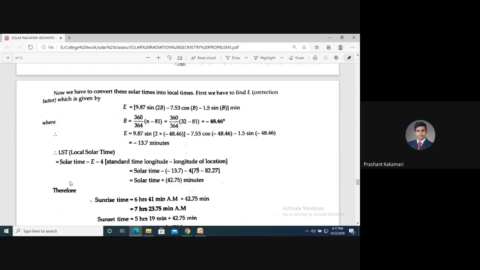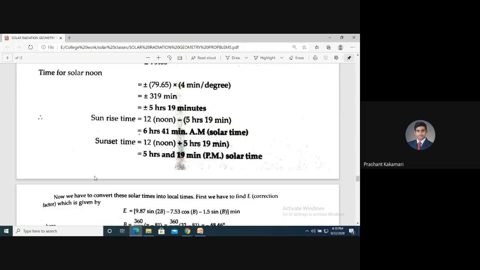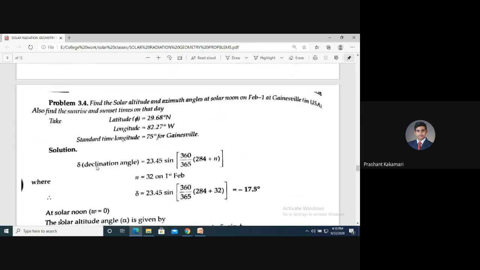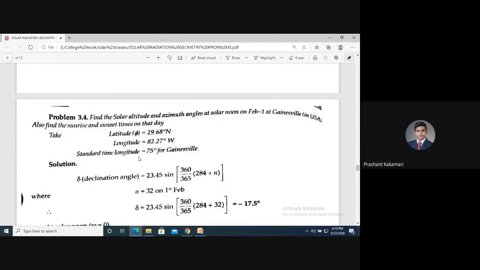So they have taken the given solar time minus equation of correction minus 4 minutes correction with respect to standard time longitude and the longitude of location. See here in the problem they had mentioned the standard time longitude and longitude, both. So we need to find out sunrise and sunset for these two times also.